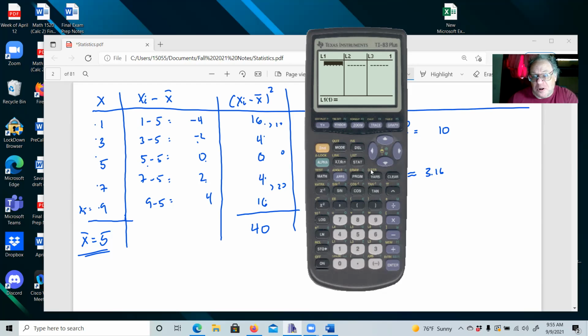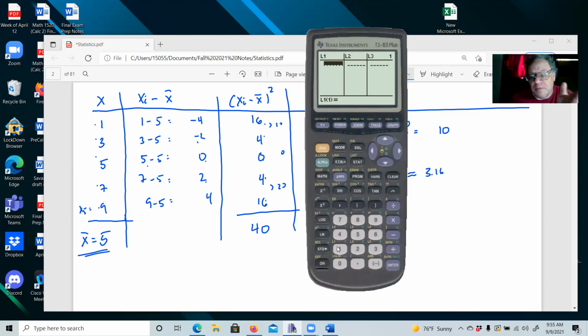So don't mess with L1, L2, L3. If you do, I'm sure you can look it up on YouTube, or take it back to where you borrowed the calculator from, the library.